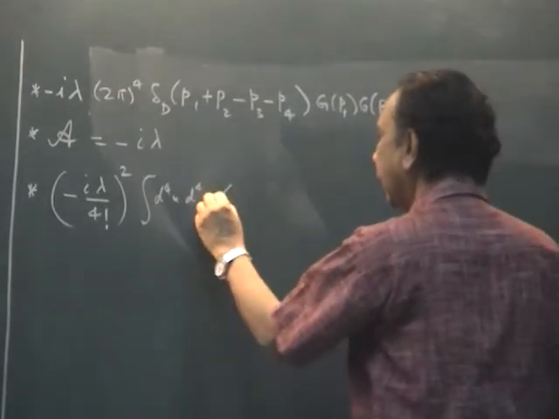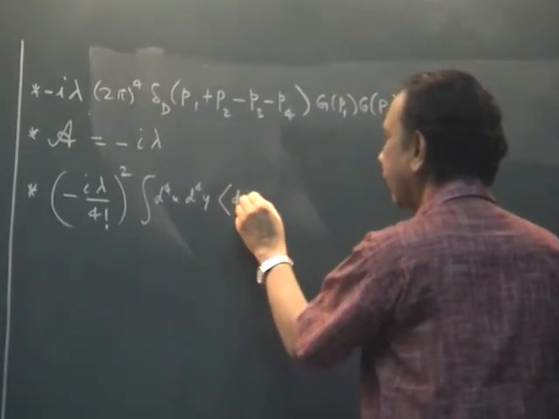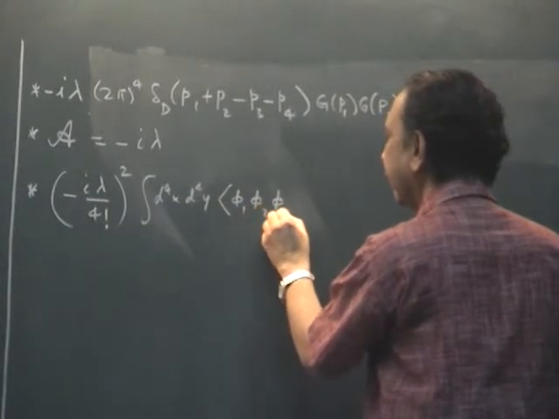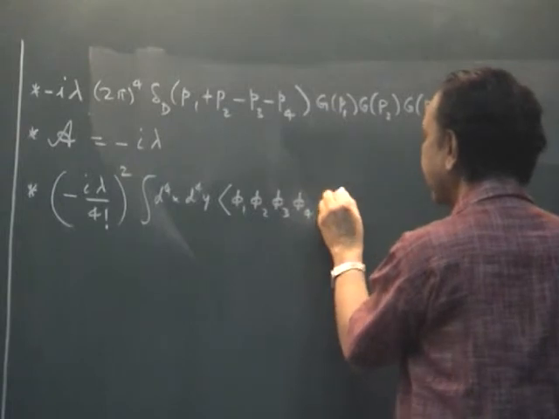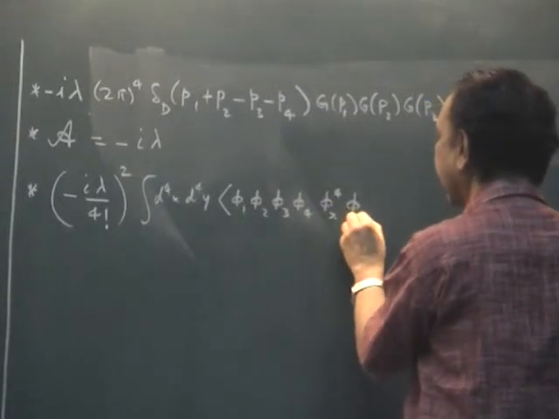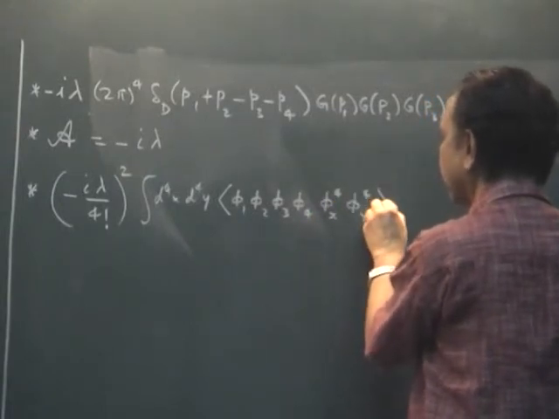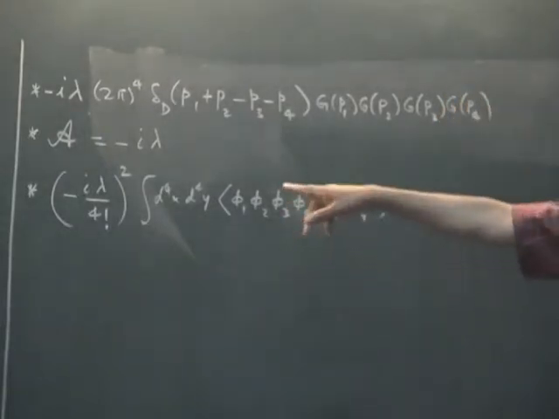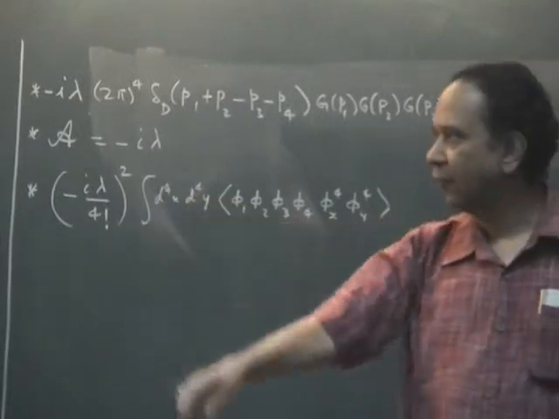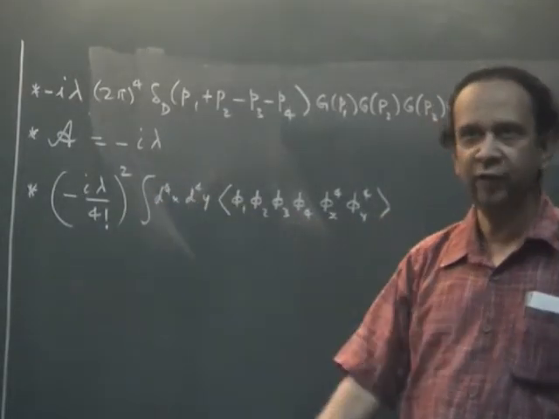Then I am going to have phi 1, phi 2, phi 3, phi 4, phi at x to the power 4, phi at y to the power 4.